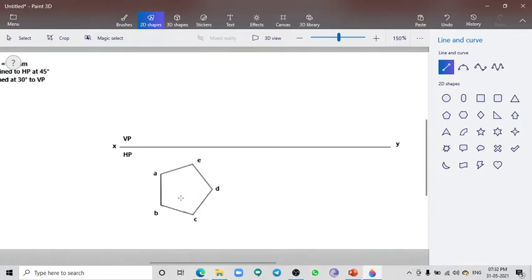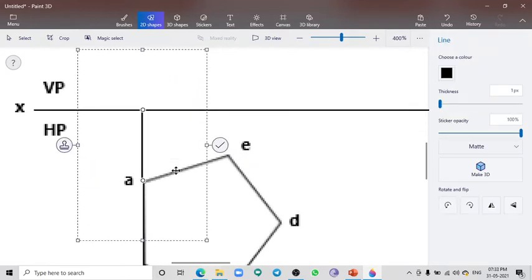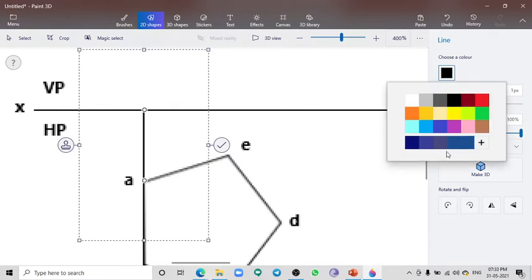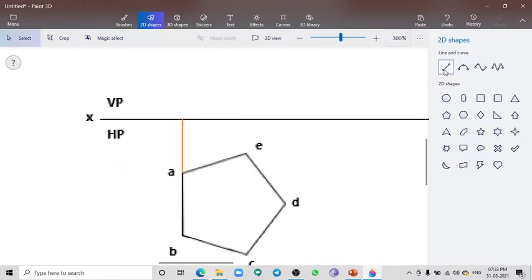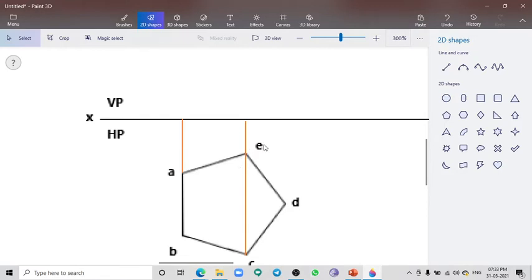So A and B have a similar projection line, so I am going to draw it as a single line. Here I am going to project the points C and E, which is going to be a single projection line. Since both the lines will overlap, it's enough to draw a single line, and I'm going to project the point D. So this is going to be your front view.